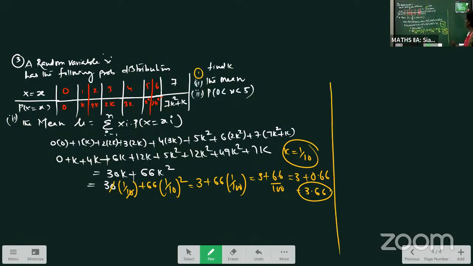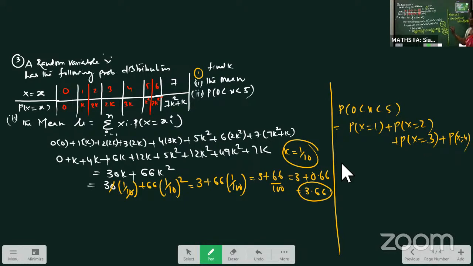That last one is P of 0 less than x less than 5. It means values in between 0 and 5 are to be taken, 5 should not be included and 0 should not be included. So P of x equal to 1 plus P of x equal to 2 plus P of x equal to 3 plus P of x equal to 4. That's all.